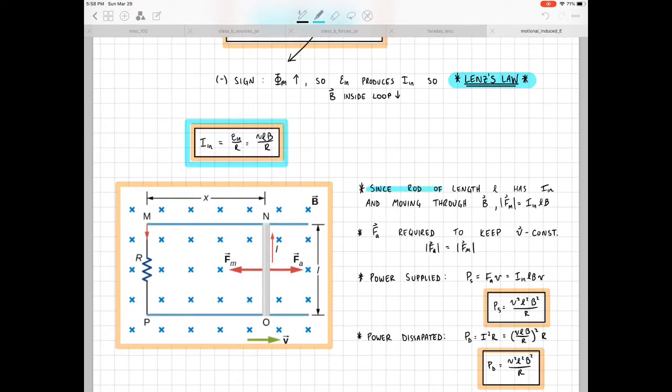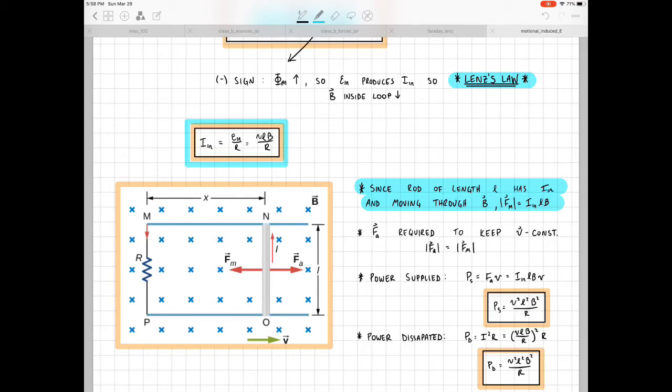So as the rod moves, this is essentially the same idea, but now it's the rod that's moving as opposed to the full loop. This picture is essentially the same as above. It just is a little easier to talk about the applied force in this case because it's the rod that's free to move on the stationary rails.